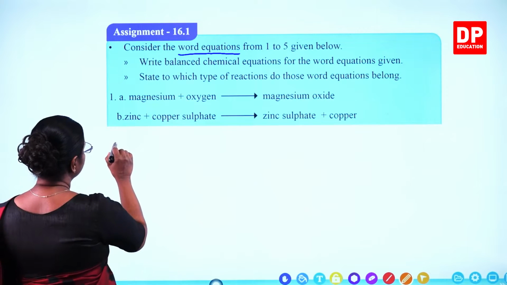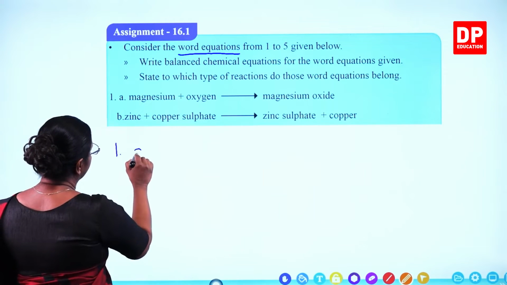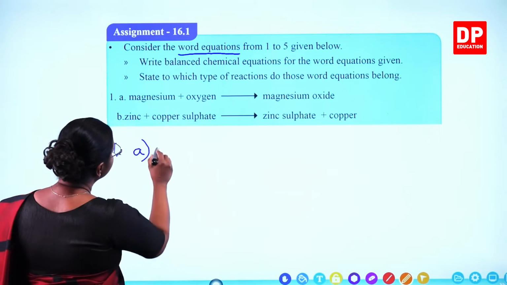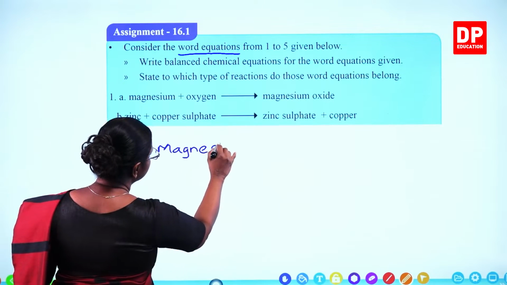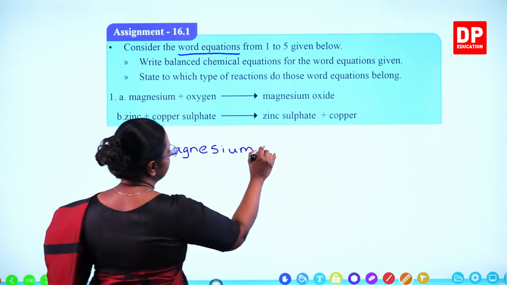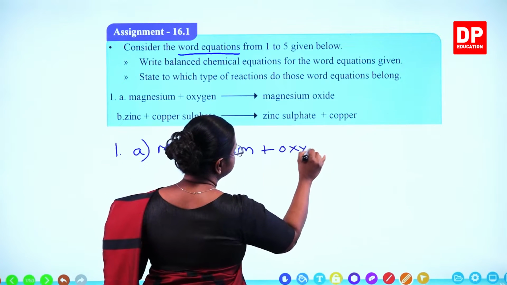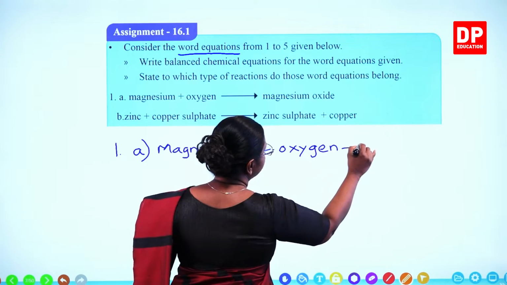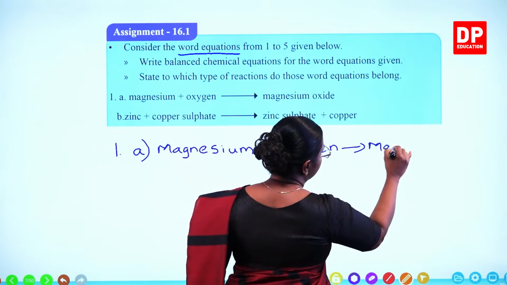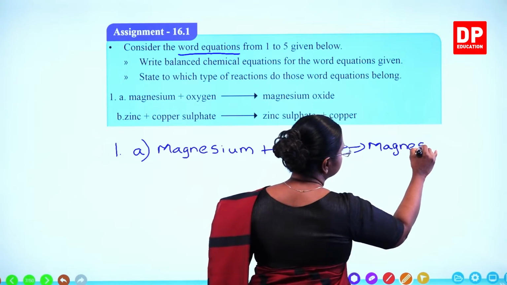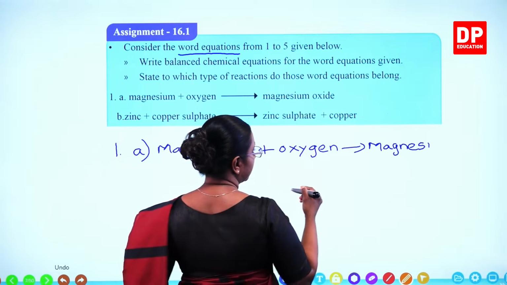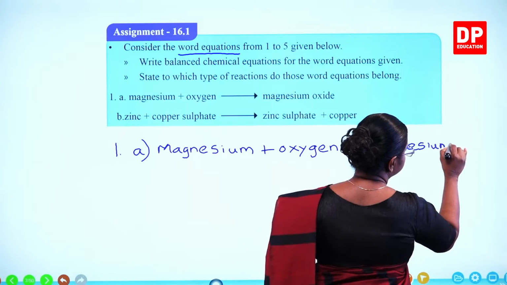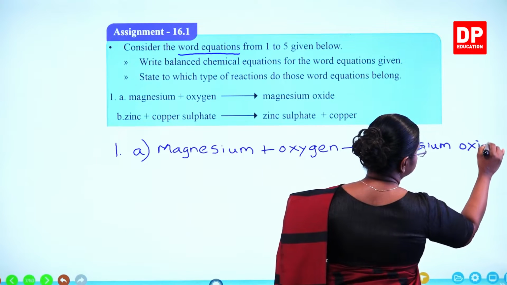First one, A, you have magnesium. I will write it again so it's easy for us to balance: magnesium plus oxygen, giving rise to magnesium oxide.